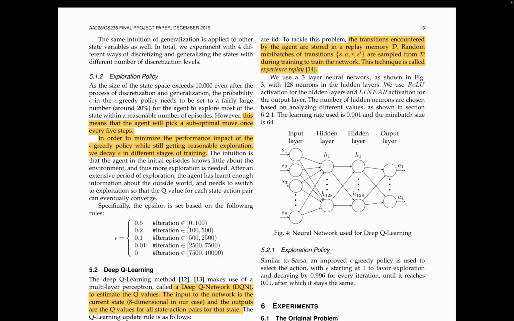Whenever we want to train the network, we take mini batches from that transition memory and use them to train the network. This technique is called experience replay. You replay the whole experience again using a memory. In the code we call it a memory buffer, right?